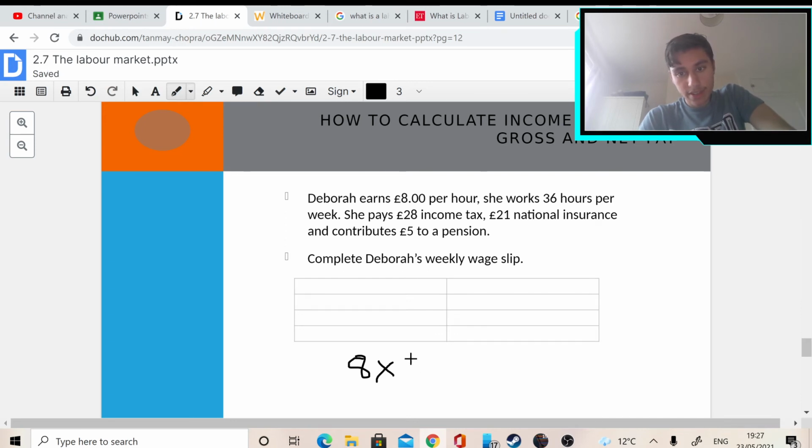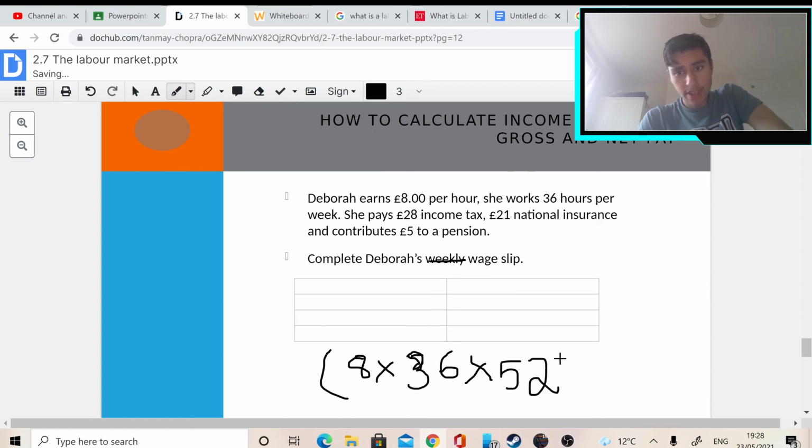And since there are 52 weeks in a year, this would be 52. So this is her total earnings in a year: per hour times 36 hours per week. So, weekly and yearly earnings.